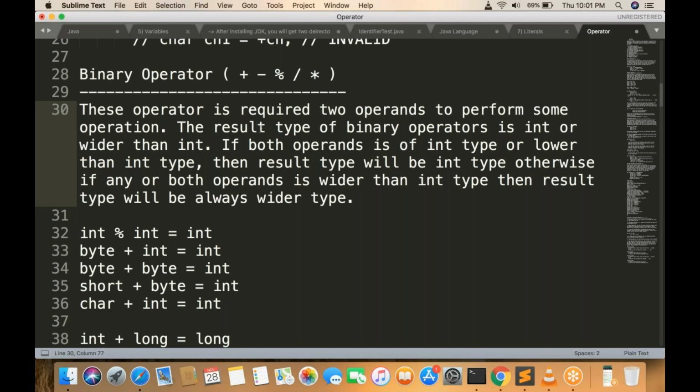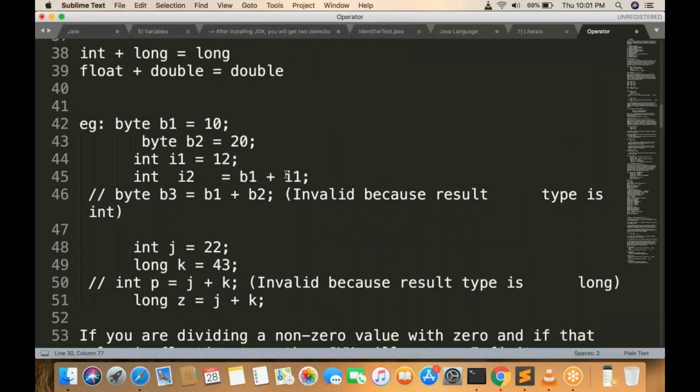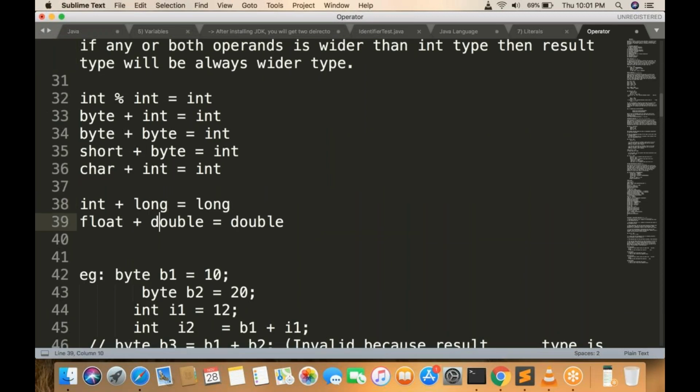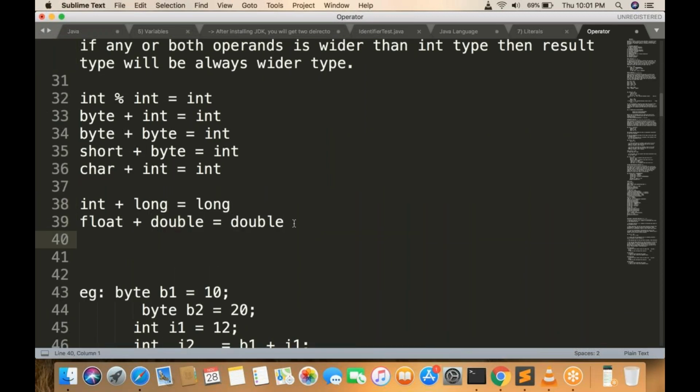Otherwise, if any one of the operands has a wider type than int, then the result type would be the wider type, whatever it may be. It may be long, it may be double, or here you can write long plus double, so in this case double.